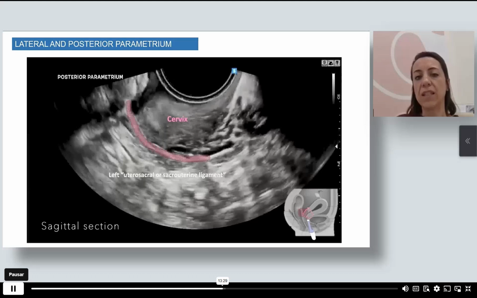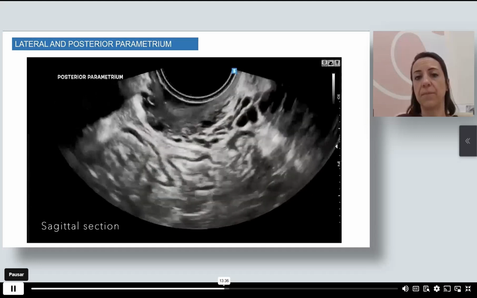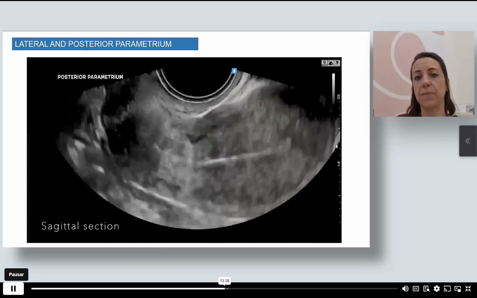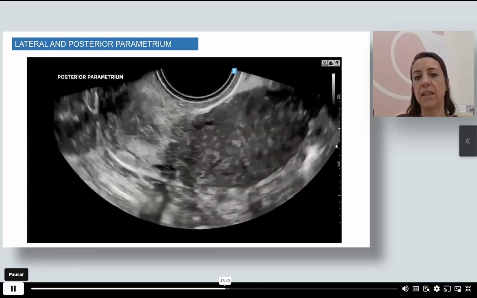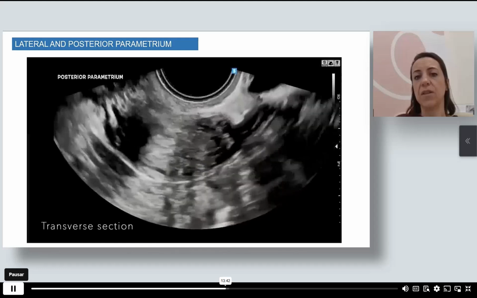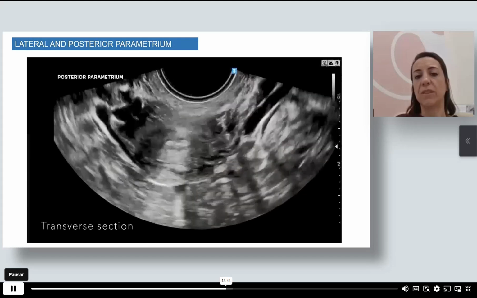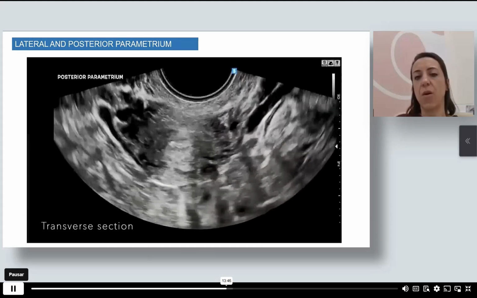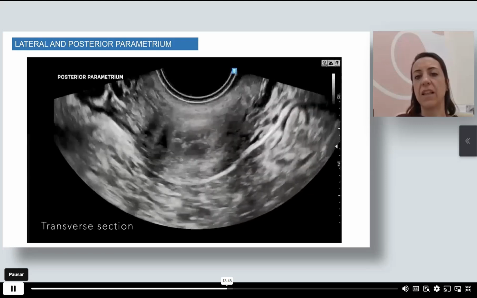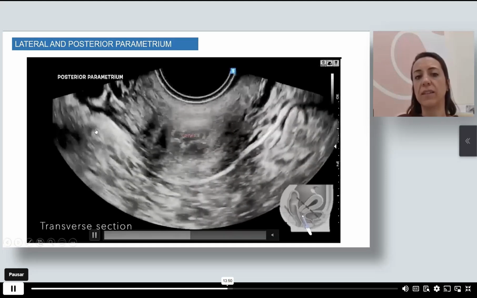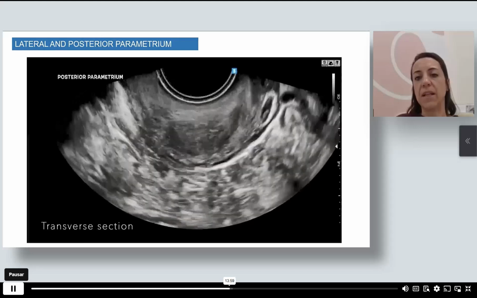We can also assess the uterosacral ligaments in a transversal section of the cervix. Again, this is the uterus, cervix. We can obtain a transversal section of the cervix, and here on the right, behind the uterine vessels, and on the left, we can assess the ligaments.